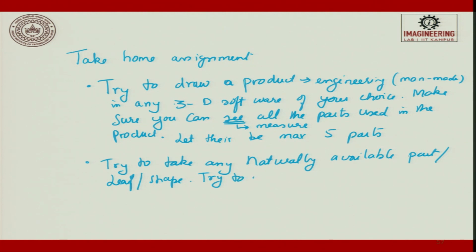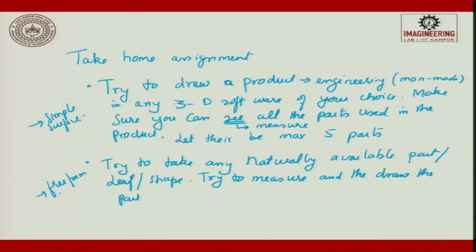Try to measure and then draw the part. Here you will see it will all be simple surfaces. There, it will all be free form surfaces. So, now the challenge is you have to measure and then draw. With the engineering product, you will measure and draw, it will be very easy.